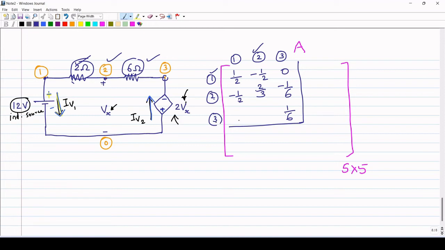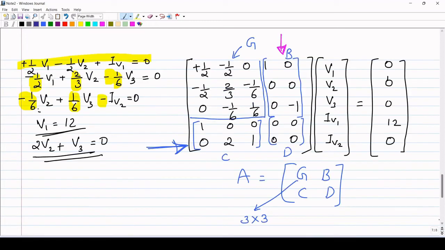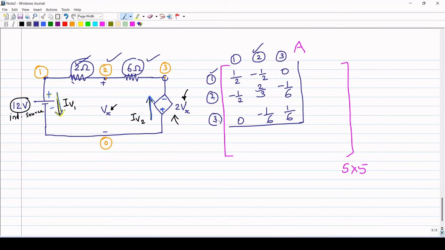Between third and first it is 0. Between third and the second it is minus 1 by 6. So we got the entries of G matrix. Let us cross check it with the previous one. So you can see that the same is coming here. So this completes our G matrix.